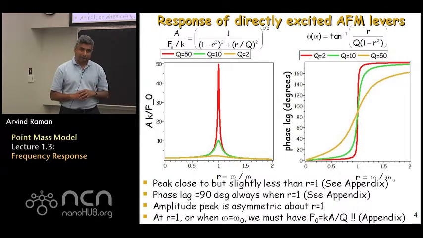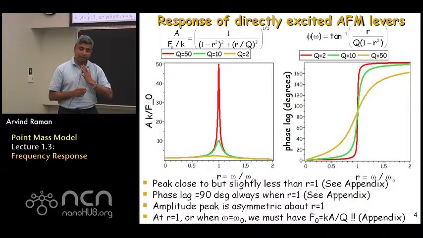Let's look over to the right-hand side. On the right-hand side, you've got the phase lag plotted as a function of drive frequency. And one of the key conclusions here, if you look at the formula on the top, is that whenever R is equal to 1, the phase lag is always going to be 90 degrees, regardless of the value of Q. So what that means is this is not an approximation.